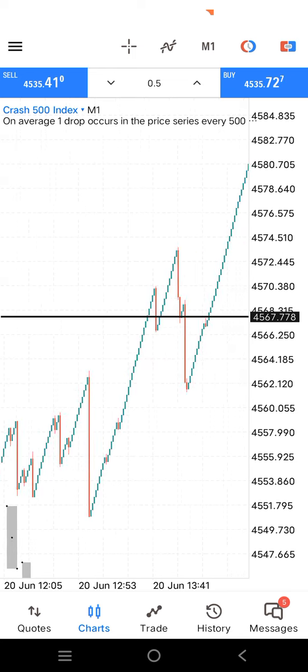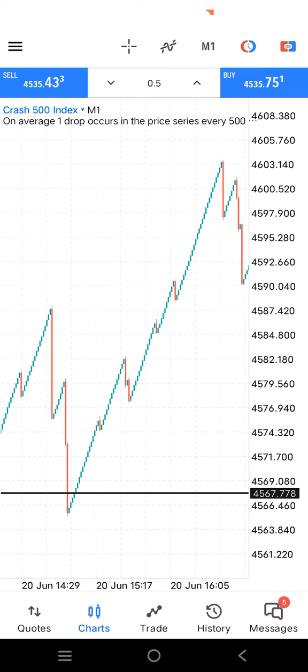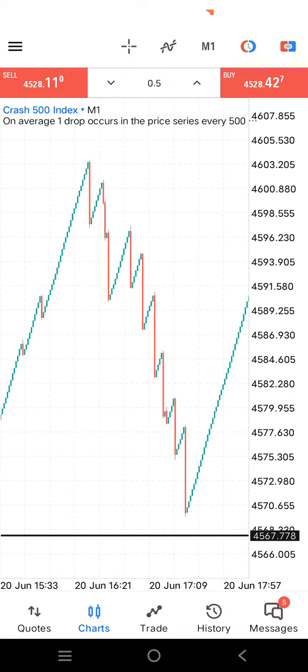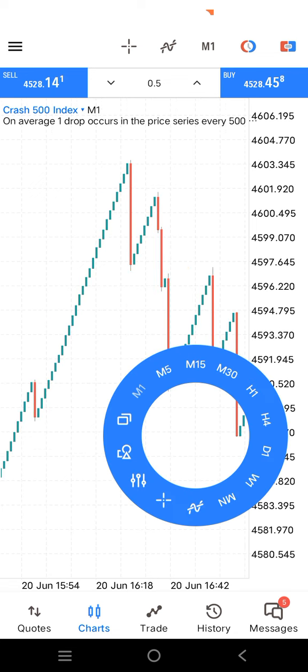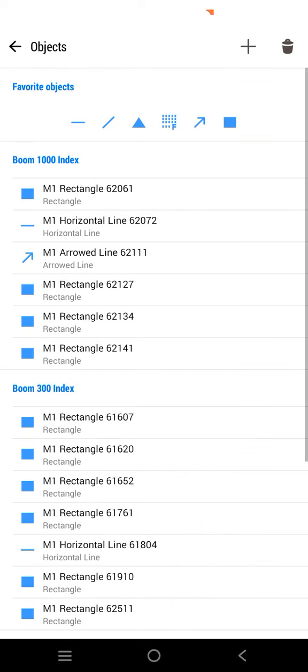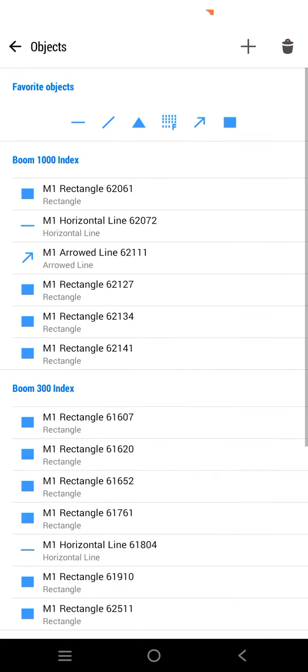Let me show you an example so you understand it better. Here you see these are the three spikes. Let me highlight the area to show you. These are the three spikes immediately dropped in the same row.